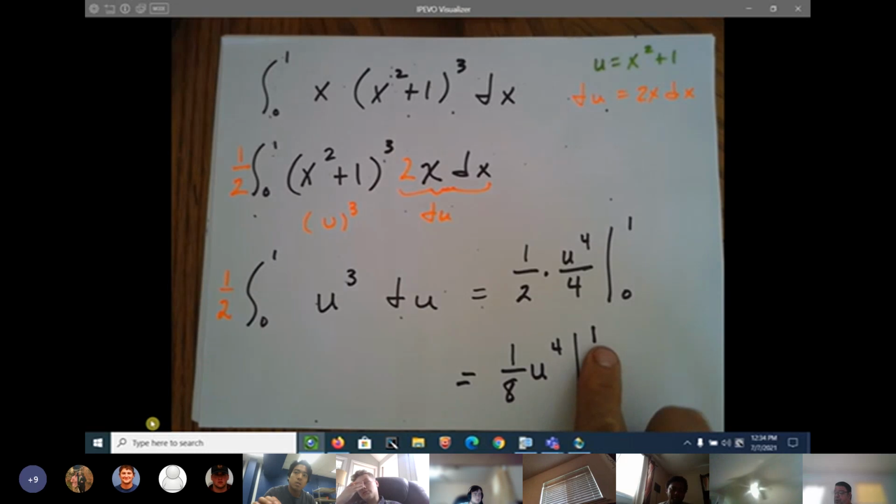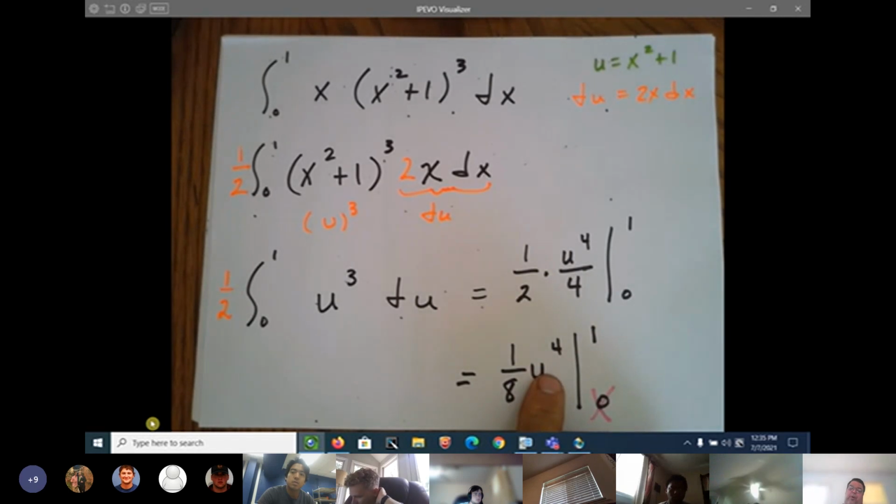What is that upper limit? If you're going to plug it in for u, what's that upper limit? 2. And what's 2 to the fourth power? 16. So 16 over 8 is what? 2.